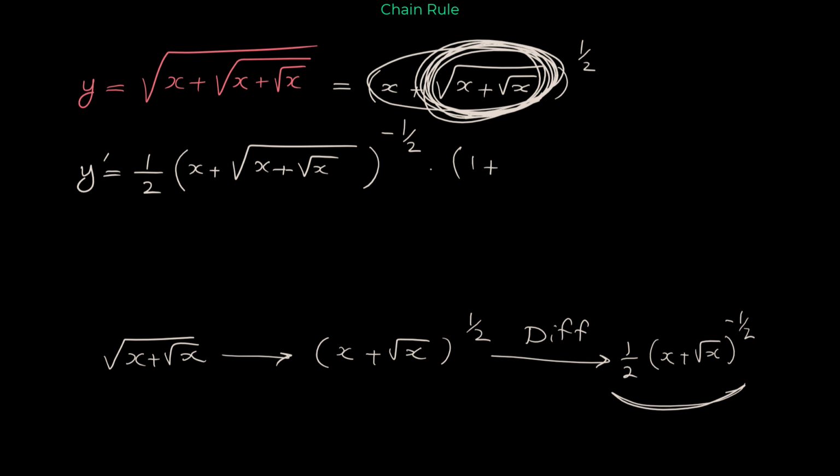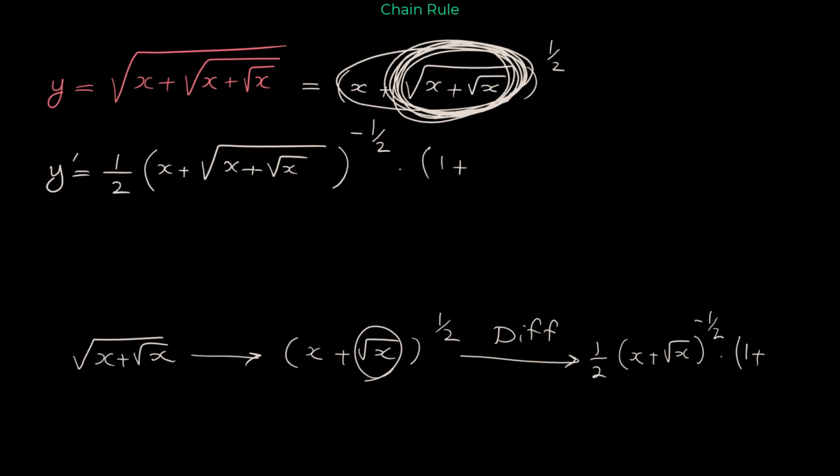But again, here we have to use the chain rule. Derivative of the inside. What is the derivative of x? So we have to multiply this by 1 plus, because the derivative of x is 1. What is the derivative of radical x? The derivative of radical x is 1/2 x to the -1/2. Probably you know this, because radical x is basically x to the 1/2 and its derivative is 1/2 x to the -1/2.